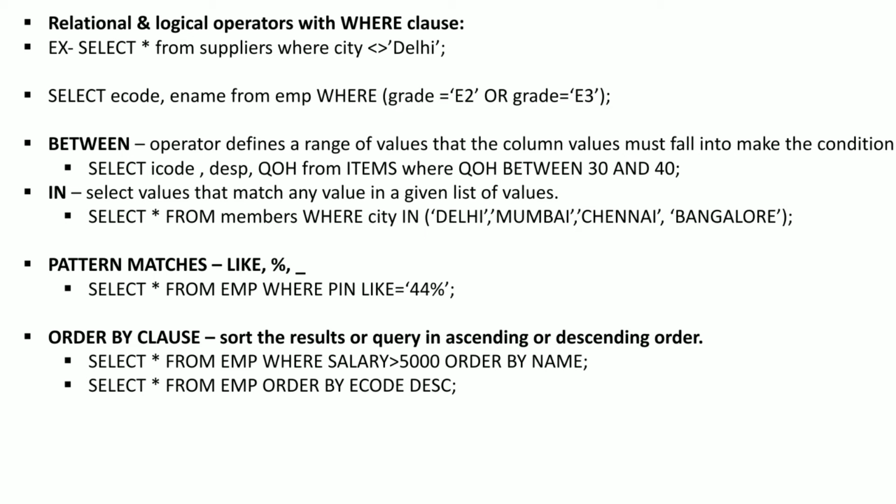In this example, select star from members where city in Delhi, Mumbai, Chennai, Bangalore. If the condition is satisfied, then it shows the records having the city name Delhi, Mumbai, Chennai, Bangalore.